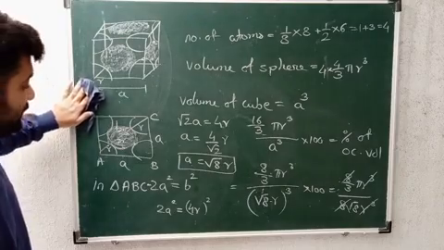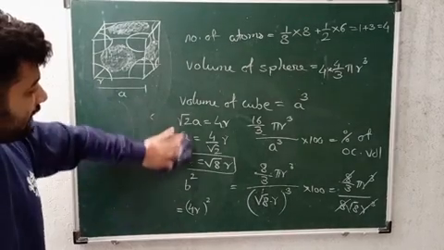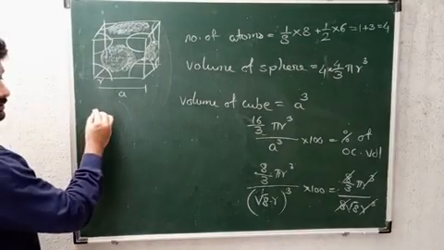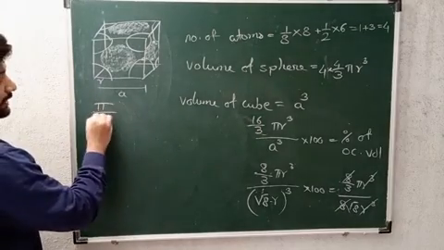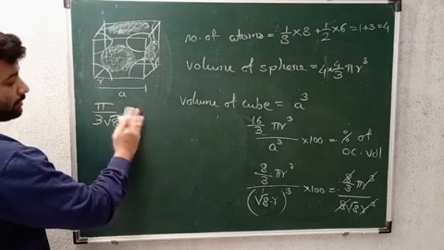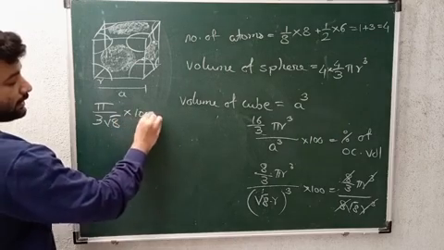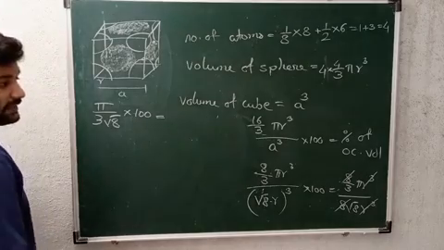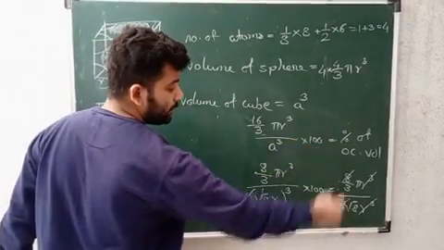So we can solve this. I'll write down over here: pi by 3 root 8 into 100. This will be what? Percentage of occupied volume. We are finding the percentage of occupied volume.